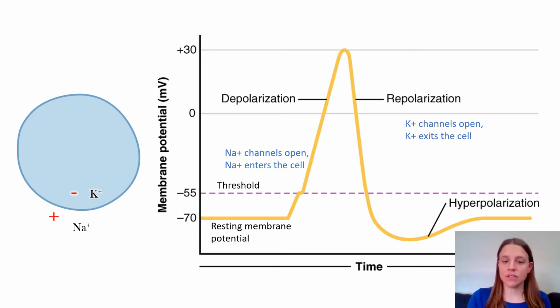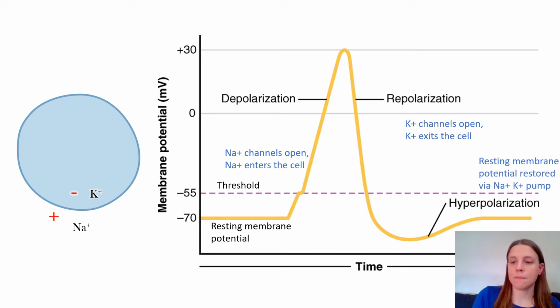You'll notice that when repolarization occurs, the membrane potential becomes actually more negative than it was to start with, which is hyperpolarization, which is just caused by more potassium leaving than is necessary.